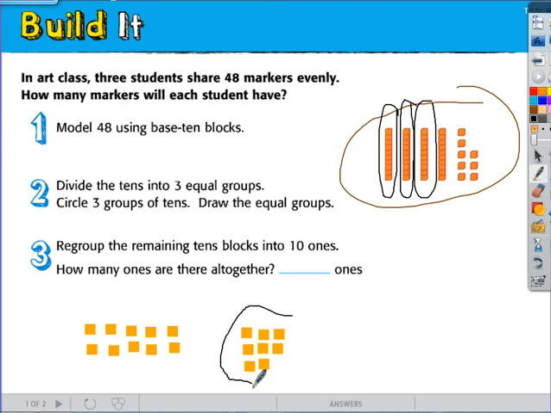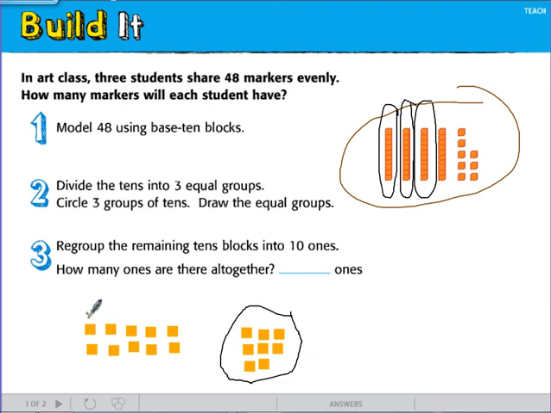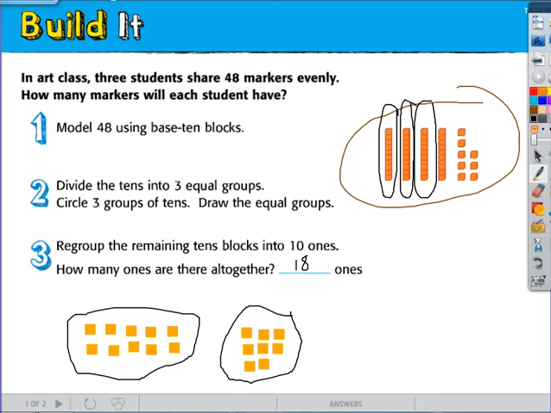These are my original 8, and this is my new 10. So how many do I have altogether? 18. So we have 18 ones. Okay, now I have to take those 18 ones and I'm going to break them into how many groups?